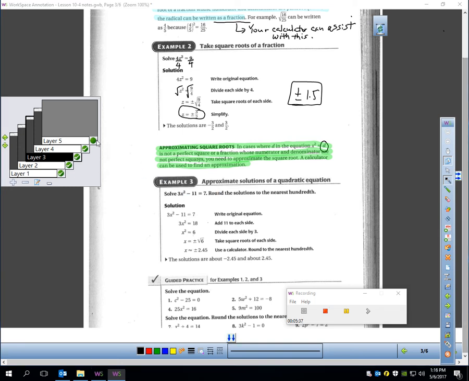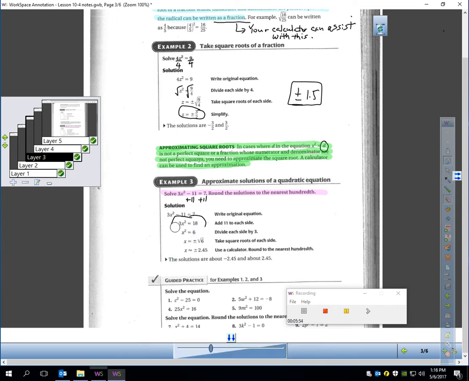So let's talk about solving this problem. I got to get x squared by itself, so I'm going to add 11 to each side first, which would give me 3x squared equals 18. And then I can divide each side by 3, which would give me x squared equals 6. Now, to get rid of the square, I have to square root each side.